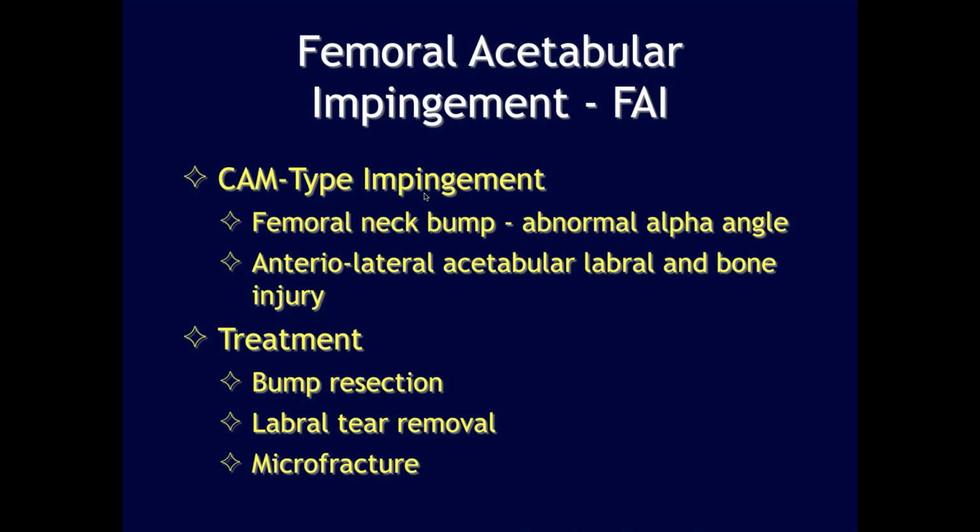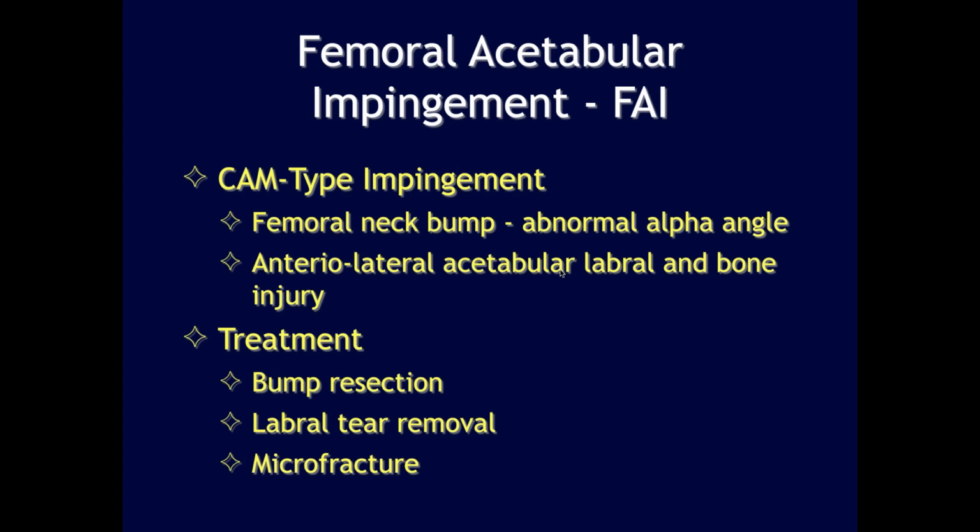For cam type impingement, we look for the femoral head neck bump, and we can measure the alpha angle, and we'll talk about different ways to do that and what are more or less sensitive. And then we'll look for bone injuries.